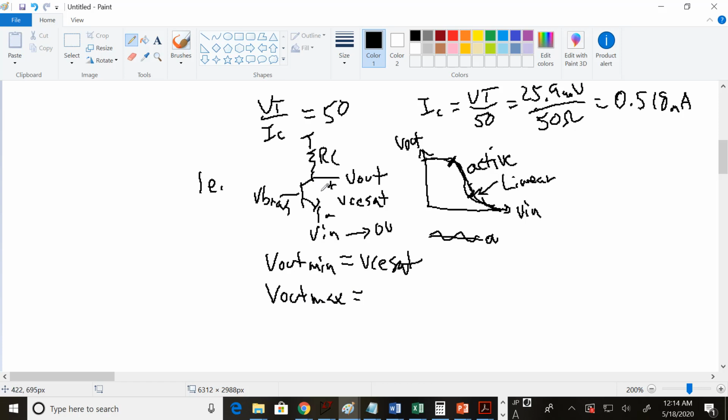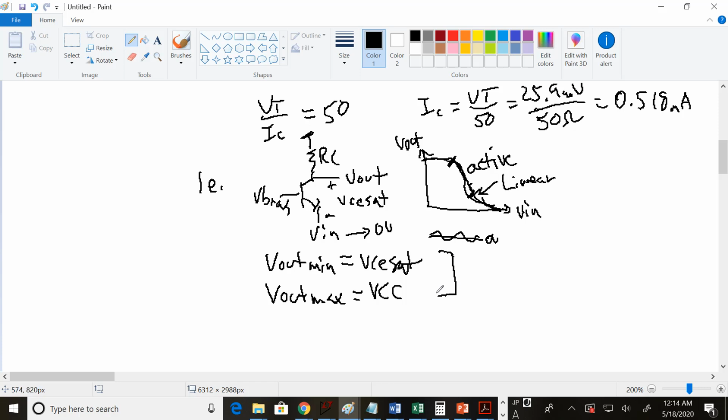As the rule says, if VCE is greater than VCE sat, then we consider this transistor in the active region. So anything over VCE sat is good, but we have this supply up here, so this can't go above the supply. So even though in theory any voltage on V out above VCE sat puts your transistor into the forward active region, we know that V out can't go above the supply voltage if there's no capacitances and inductances in the circuit. So now we have the max and min.